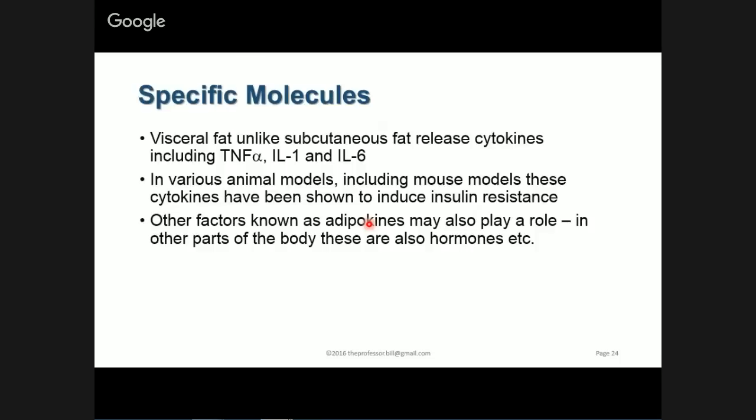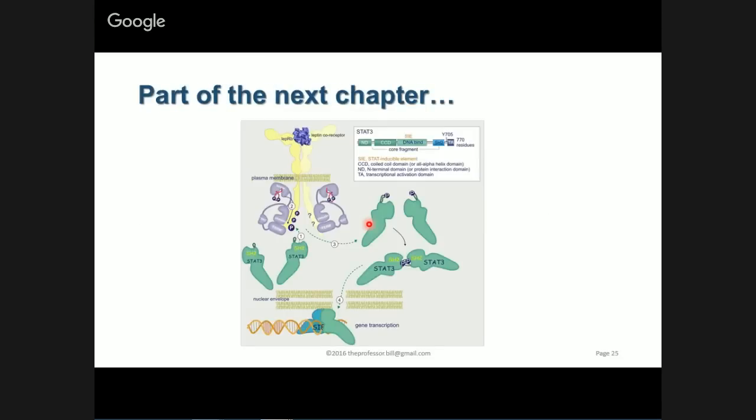So there's some suggestion that, yes, it's the adipocytes, the changes, the genetic programming in the adipocytes, the release of these factors from those adipocytes that might be really important in this metabolic status response.